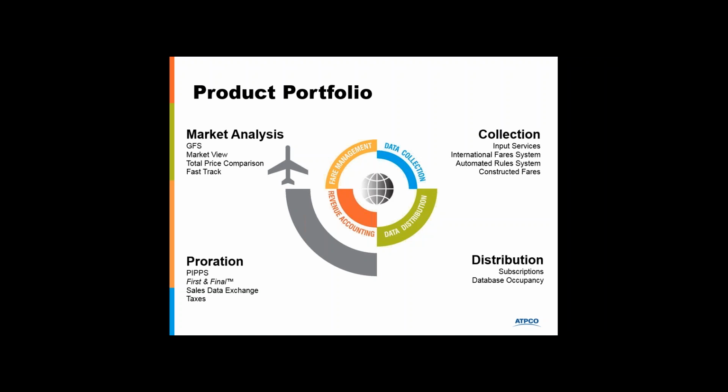The analysis portion is, again, a suite of tools that provide comparisons and analysis from year over year in a market for a particular carrier against carrier, for example. Are they being competitive? And the cycle just continues. The biggest part is the data collection.